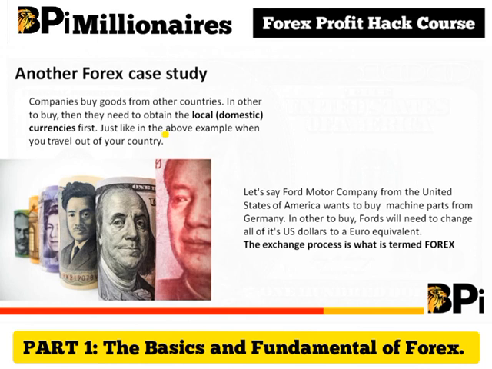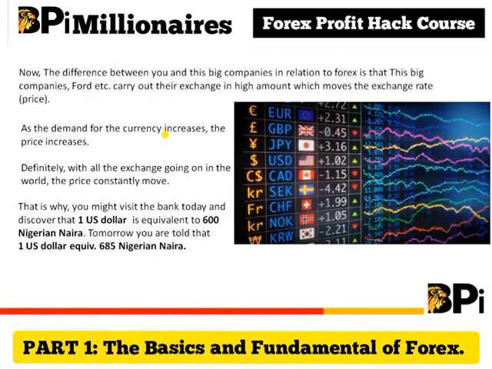What do they have to do? They have to first exchange their dollars to euro, and they are given the equivalent of what? Of euro. And they can use this euro to go and buy these machine parts. By doing that alone, they have participated in Forex.